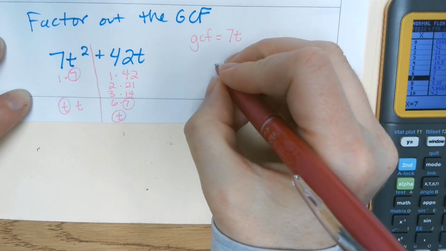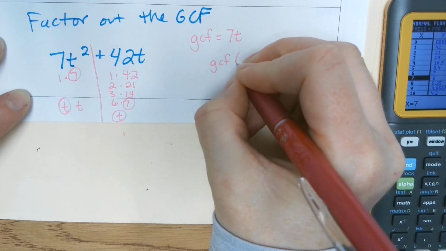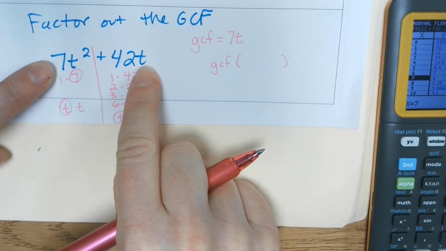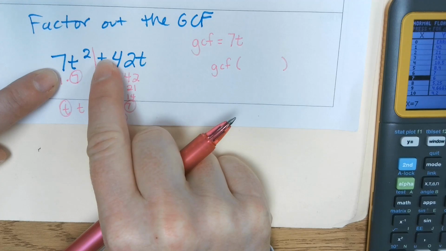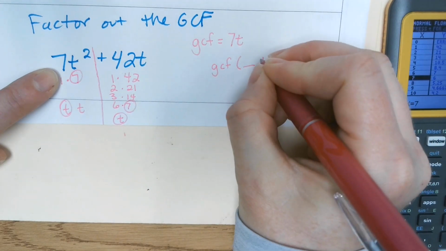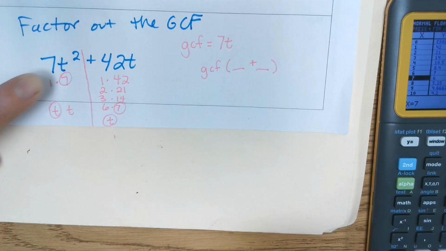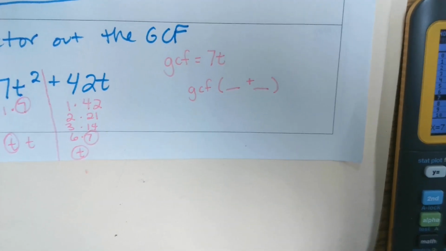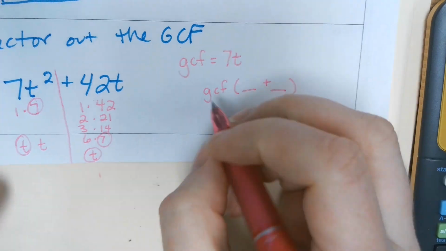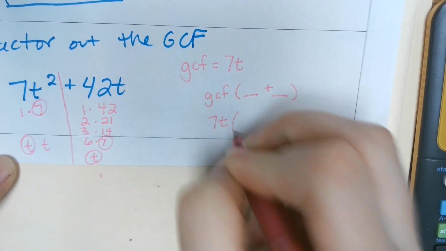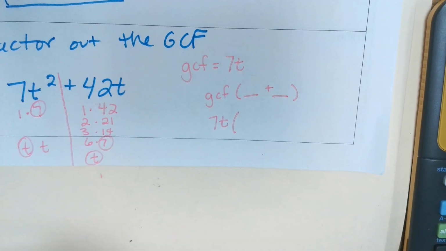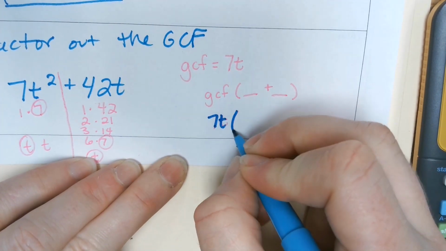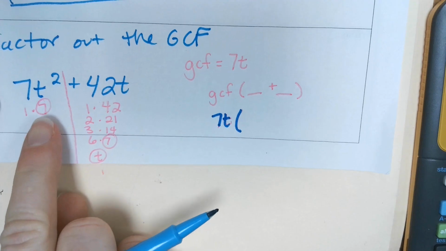So to factor out, remember yesterday we did GCF, parentheses, and we want to look at how this is written. There's 2 of them and there's a plus between it. So that's how it's going to look, like that. So 7t is going to be outside. So what's on the inside is what's left on each column.